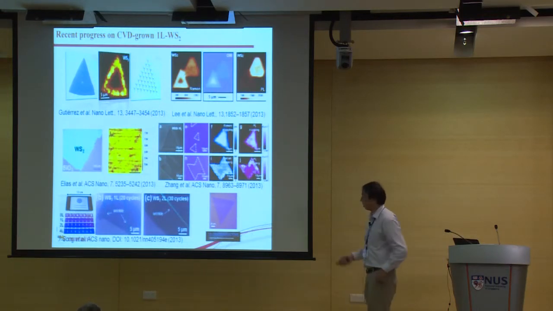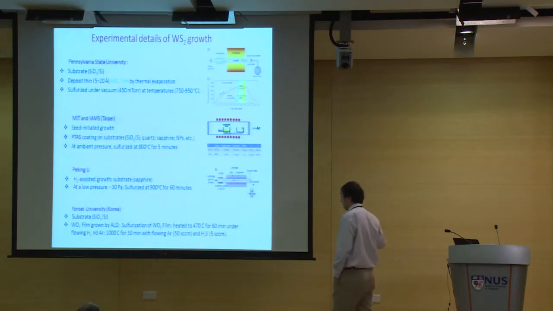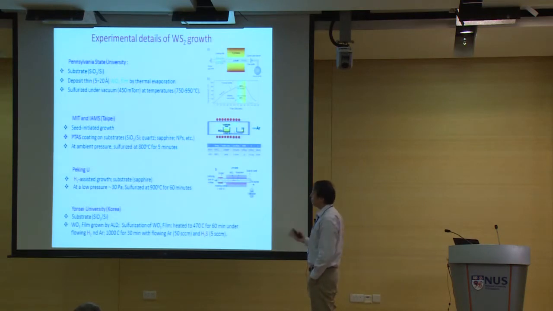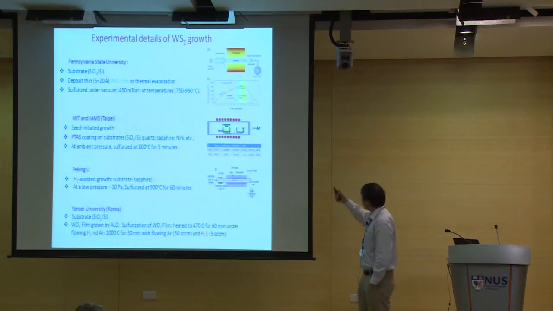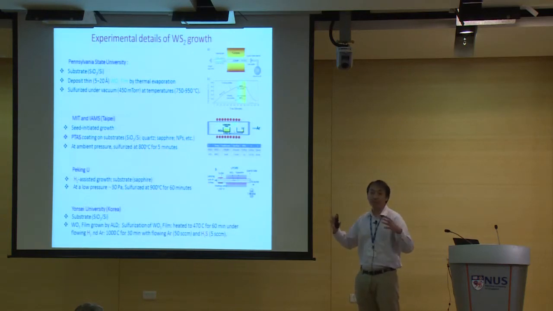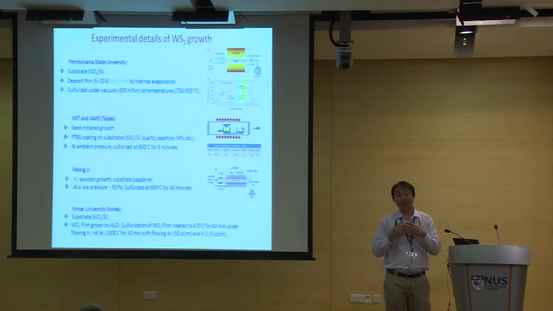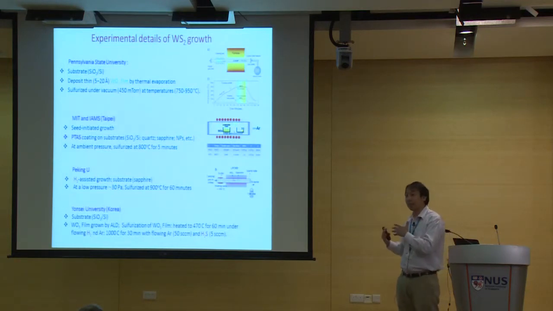Of course, this is a company, so I have no idea about the details. If you look at the experimental methods or setups people have been using for producing tungsten disulfide, we can see it like this. The Penn State group uses the setup. All the setups in general are the same. It's just a normal tube furnace. If you look at some details, some of them use the raw material or precursor as the oxide, tungsten oxide, WO3.